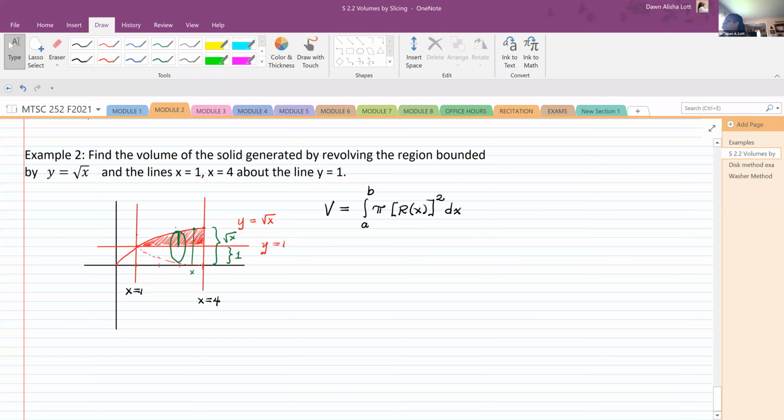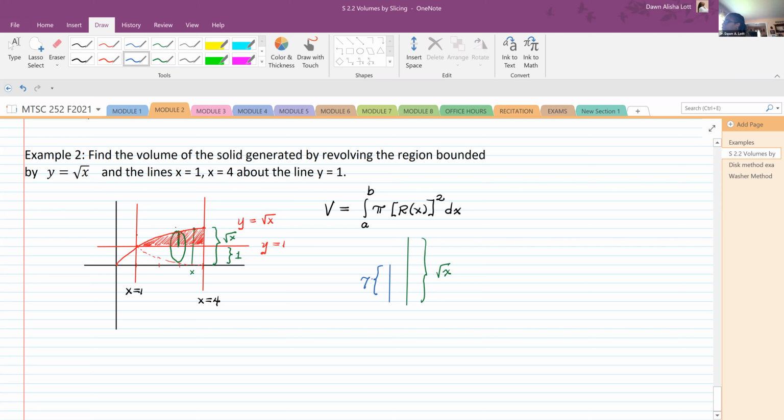So what I did was I took this long piece where this distance is the square root of x, and then I took this short piece where this distance is 1.